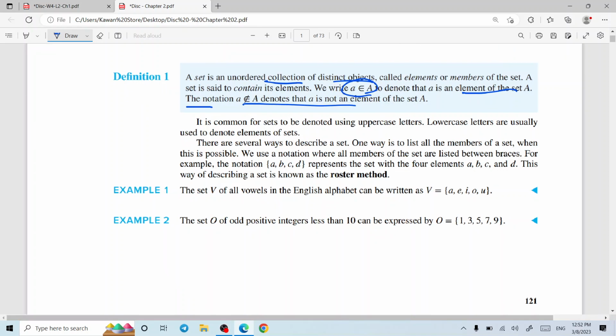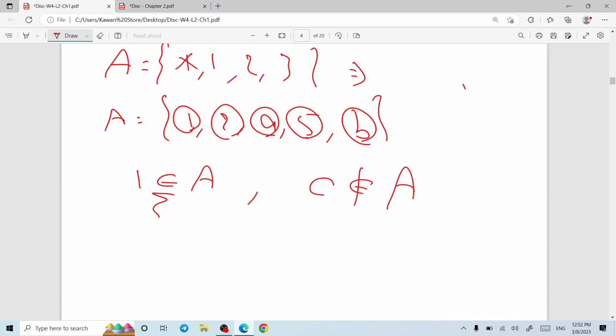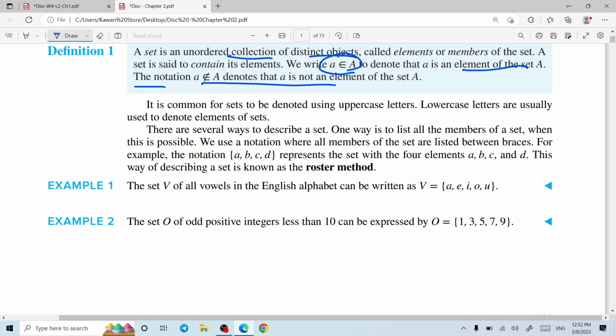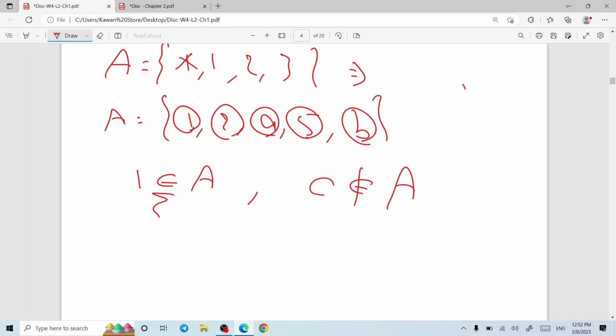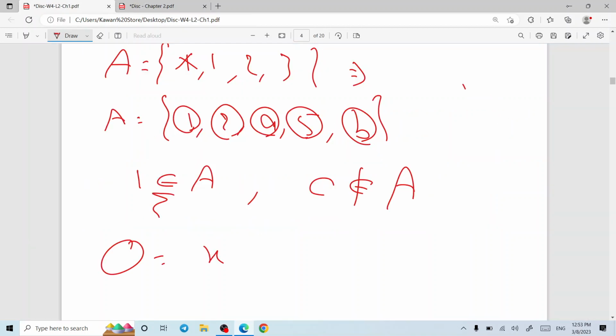Also, for example, we can translate sets to words or words to sets. For example, if I say n is odd less than 10, so I have set O equal to those numbers x belonging to the positive integers, and x less than or equal to 10, or less than 10.